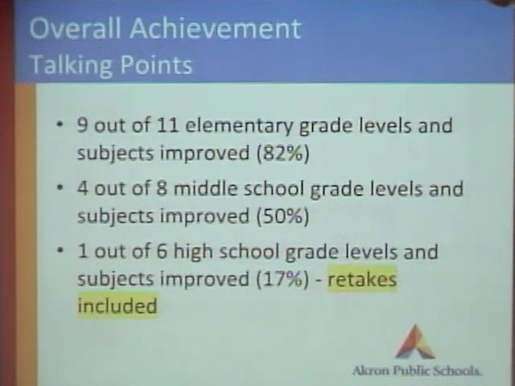And then the middle school, it was 50%, which was not good enough for us, and we're going to work very carefully to get that also at the same kind of trajectory as the elementary. And then this is where we're going to have to report this out to you later once we are able to separate out those scores, because it's difficult to compare the retakes.